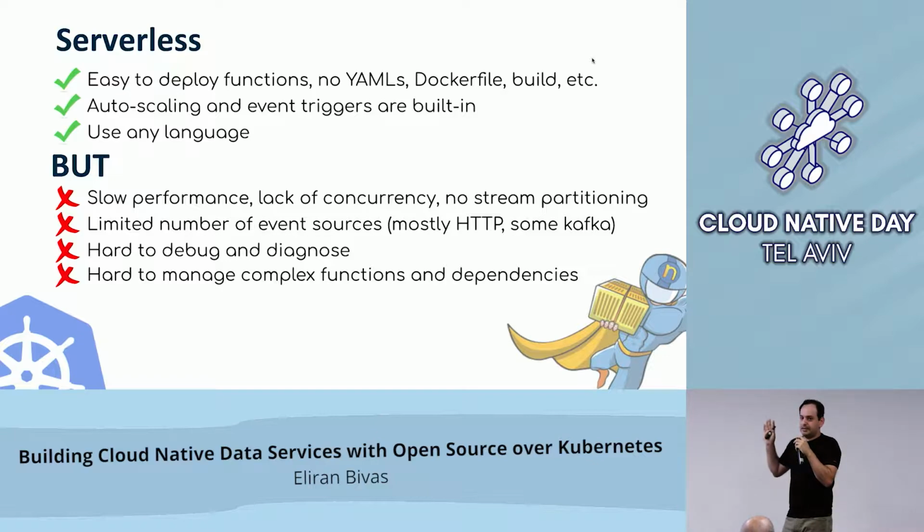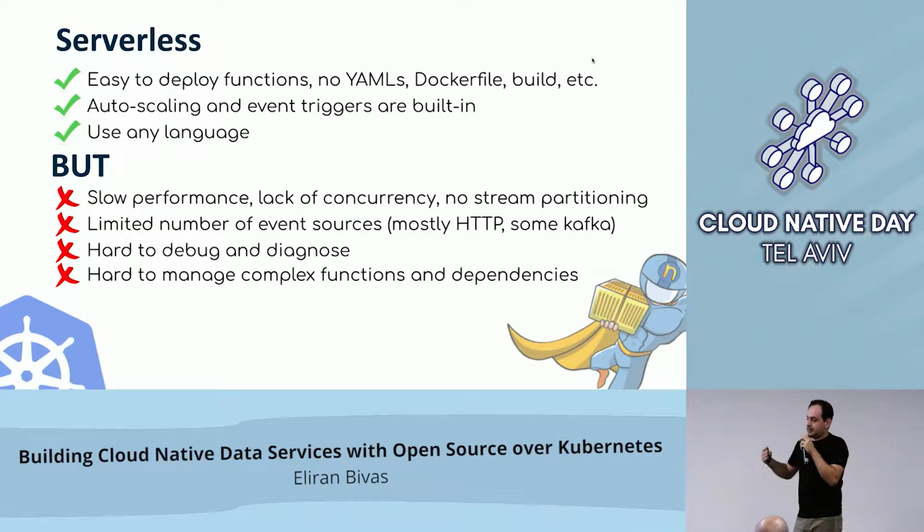But these extremely great benefits come with huge pitfalls. The most important one is performance. They are usually very slow. And most serverless frameworks only operate on HTTP, which is kind of like writing a webhook, and we don't just work with webhooks. We sometimes want to work with Kafka, maybe RabbitMQ, and so on.